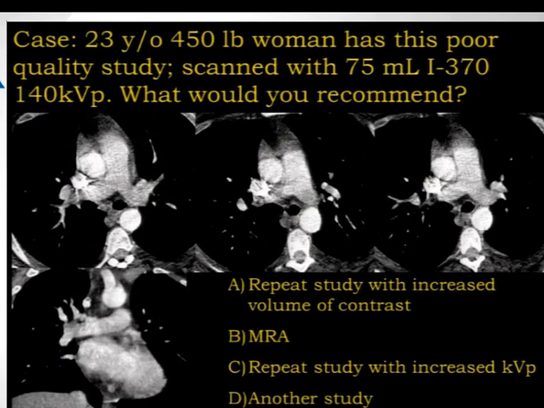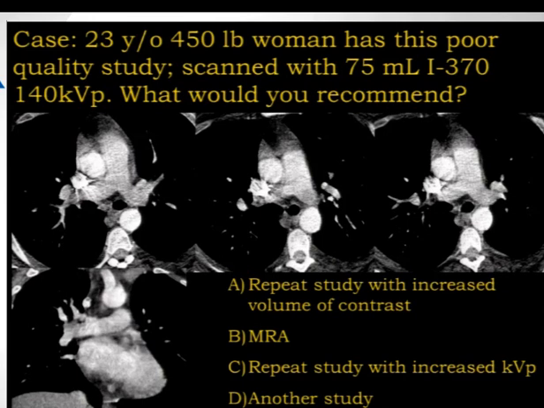By way of introduction of our topic and launching into it, I want to present you a case. We will not look at the answer right now, but at the end we'll come back to this particular case. This is a real patient that came to our institution. She was 23 years old, presented with symptoms consistent or at least suspicious for acute pulmonary embolism. She had a poor quality study, as you see here.